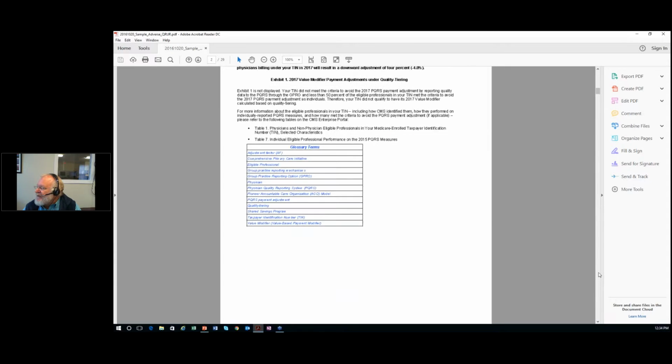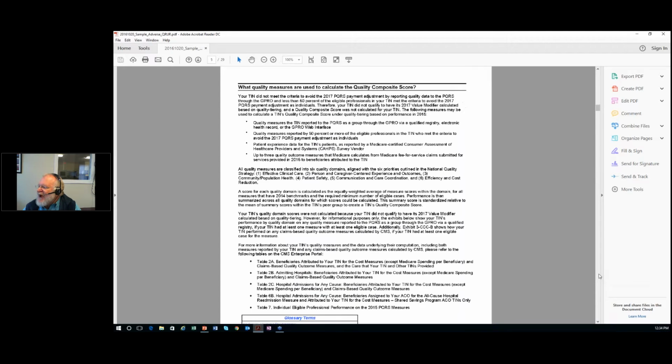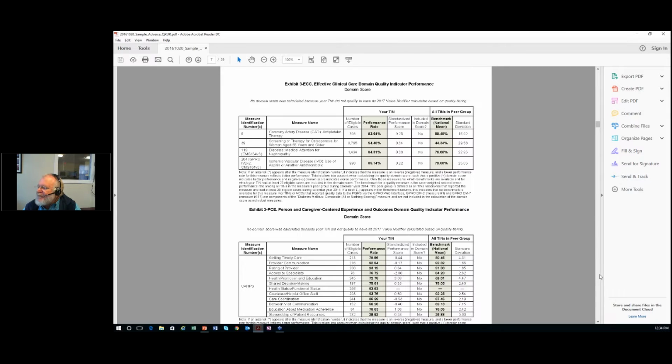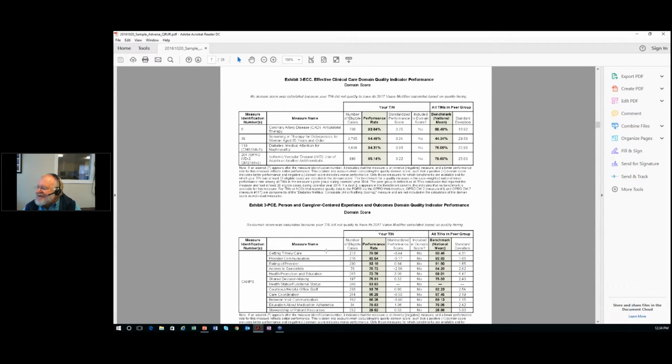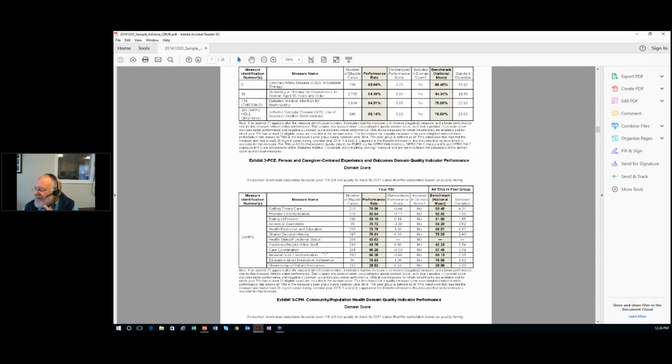As we leaf through this, we see that this practice submitted the CAP survey, and when we dug into the reason why this was rejected, they claim that there's no cross-cutting measure and therefore it did not meet PQRS requirements.